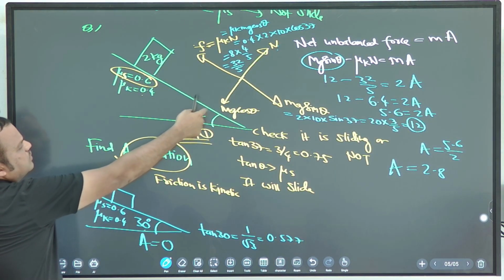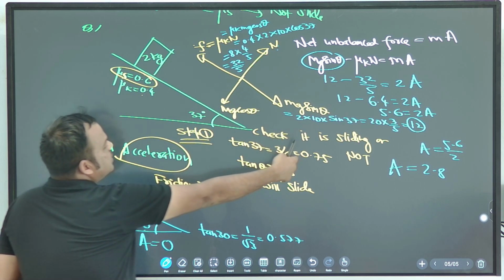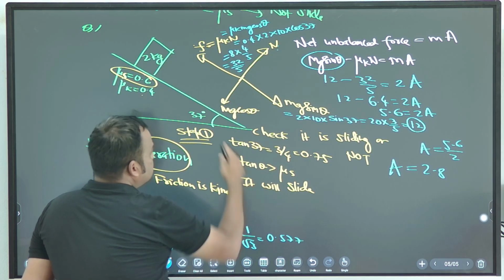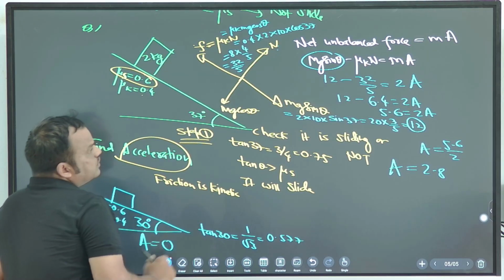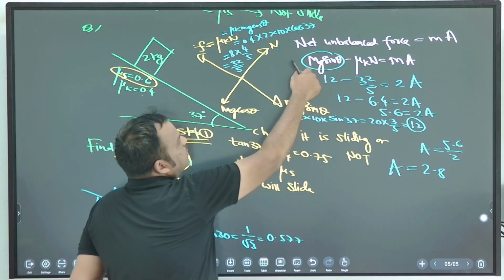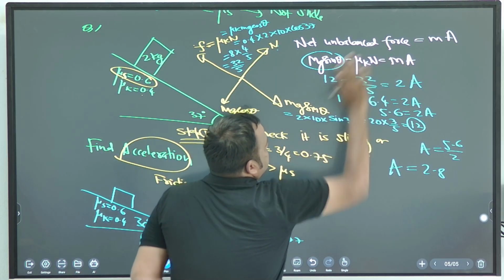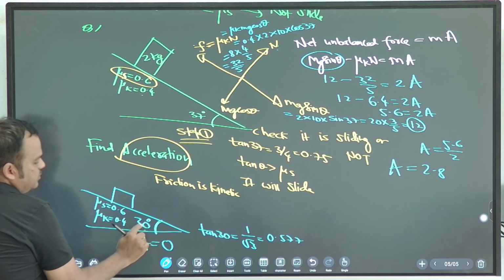So this is 37. tan 37 is 3 by 4, so it's 0.75. So tan theta is greater than mu s, so sliding. Sliding means the friction is kinetic. Okay, so mg sin theta minus kinetic friction is equal to mass into acceleration. Suppose the angle is 30.